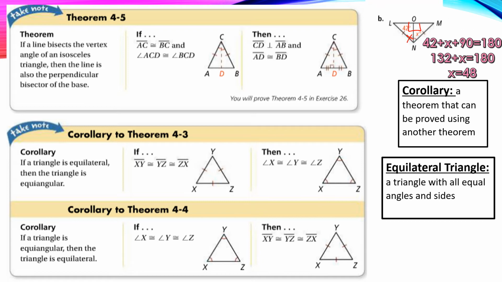So if all of the sides are congruent in an equilateral triangle, that means all of the angles are also congruent. And vice versa. If a triangle is equiangular, meaning all of the angles are congruent, it also means all of the sides across from those angles are congruent.